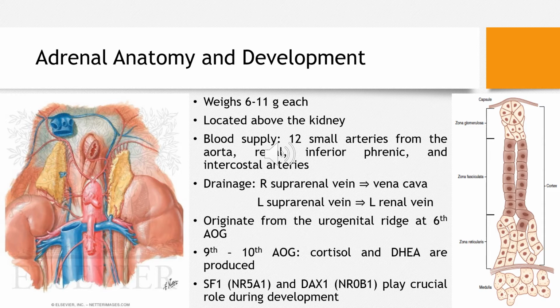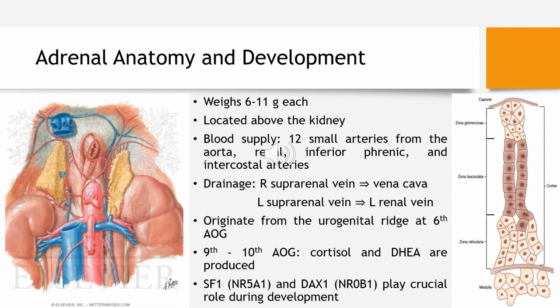Now, several nuclear factors are also important in this period of development. We have the orphan nuclear receptor SF1 or steroidogenic factor 1 as well as the DAX1 gene, also known as the dosage-sensitive sex reversal gene 1. These two genes play important functions during this development because they regulate a multitude of adrenal genes involved in steroid production.